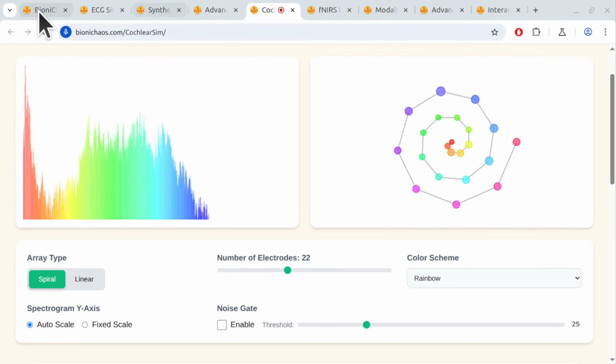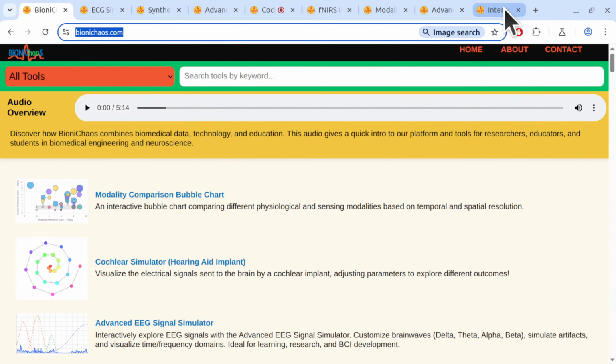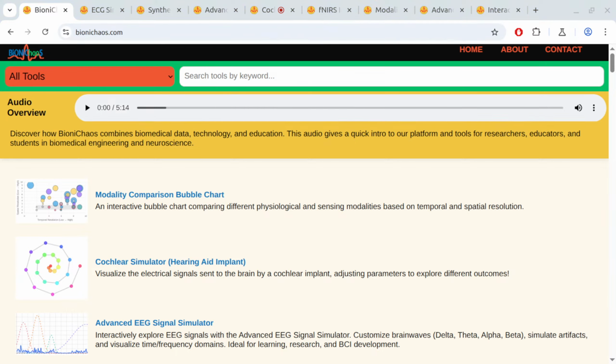Okay, what's the agent doing at the moment? The agent is currently researching the BionicChaos.com website to understand its offerings in detail. It's looking at various aspects of the platform. Oops, something went wrong.